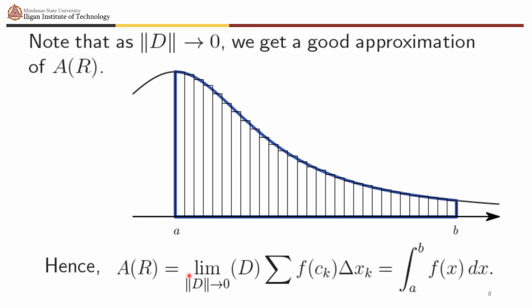So if you make this as small as possible, you take the limit as the norm D approaches 0 of the summation of f of c sub k delta x sub k. So you make your rectangles as small as possible, and the area under this given curve is now the integral from a to b of f of x dx.